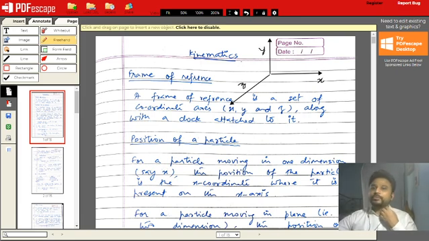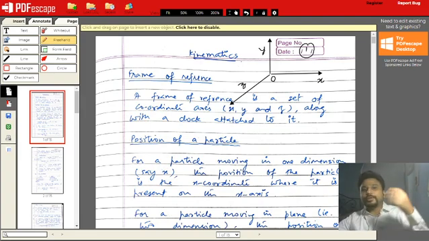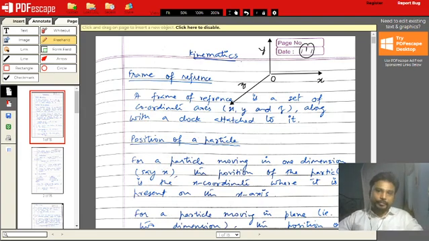This is our frame of reference, and we put a clock with it, and this becomes a frame of reference from which we can study the motion of any body or any particle we can imagine. It's a convenient, or we can say absolute, point in space from which studying the motion of two or more particles becomes convenient.